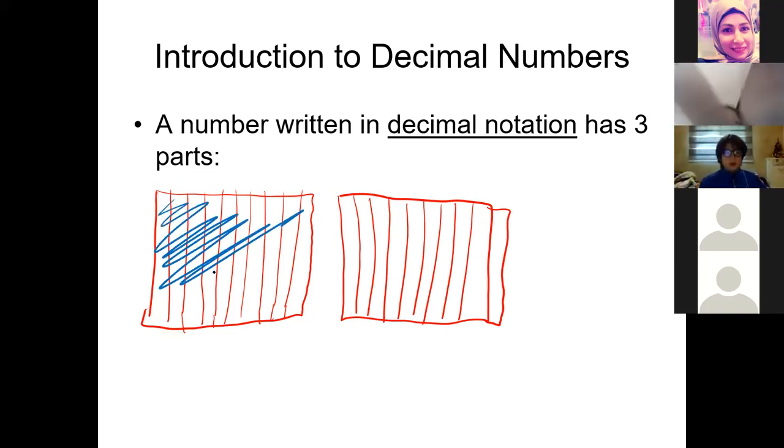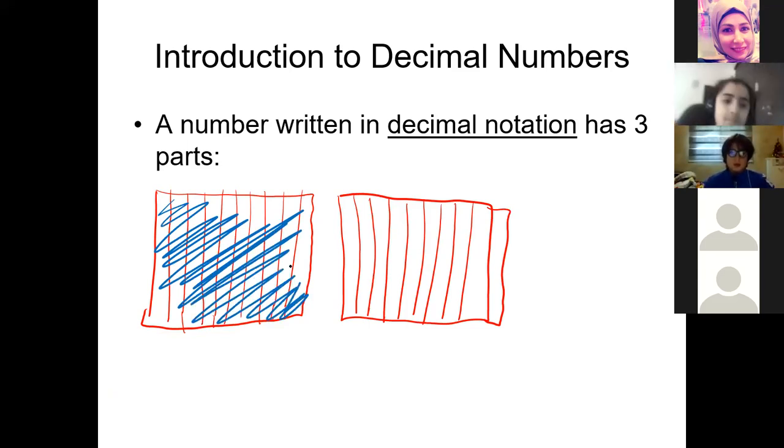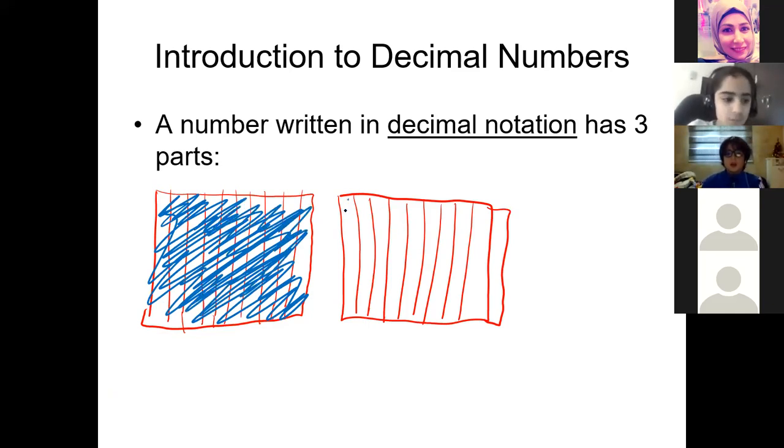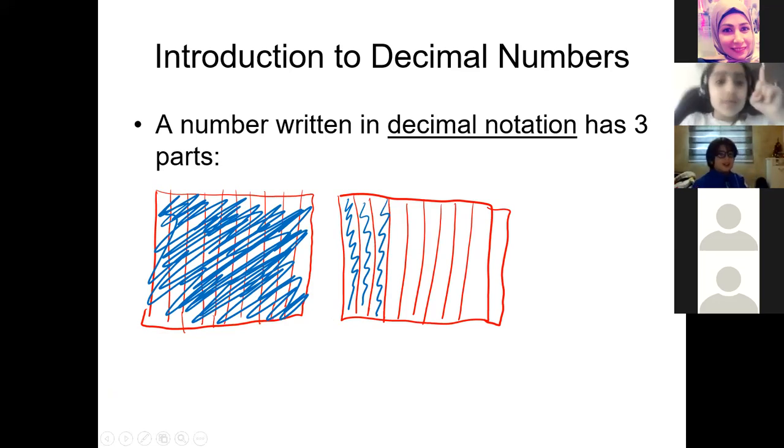Okay? If I colored in the second one just 3 parts. So, listen carefully. How do we write the fraction that represents the colored part in the second square?